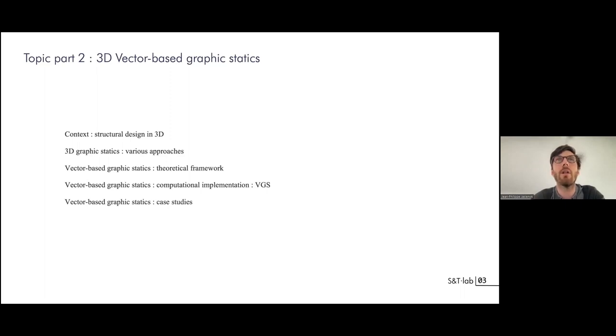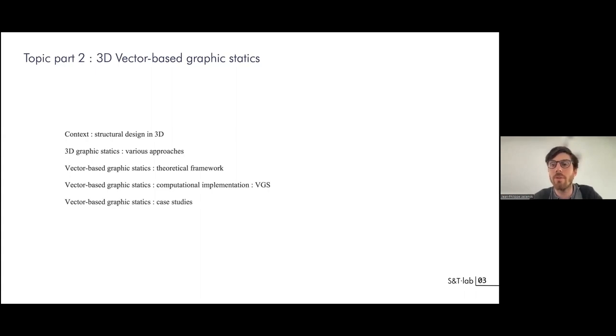Then I will explain the theoretical framework behind vector-based graphic statics, which means we will discuss precisely how to build the diagrams, the theory behind it. Then the 4th part will be about the computational implementation of this theory.